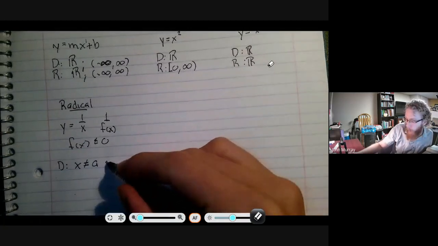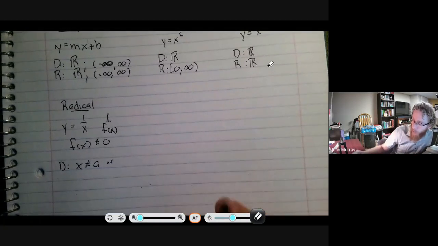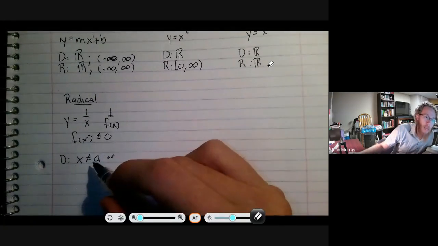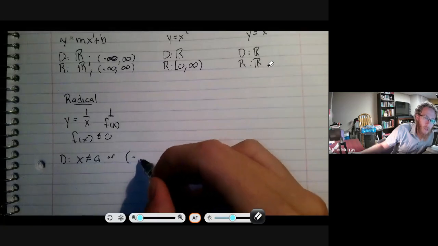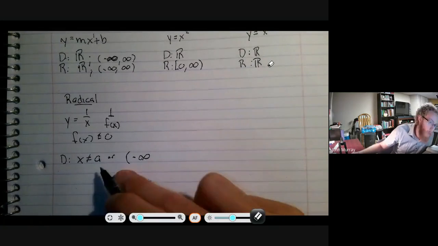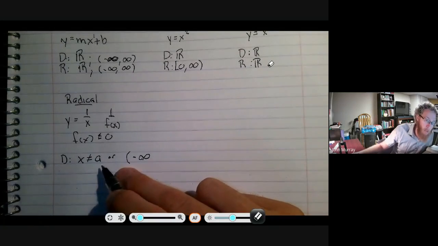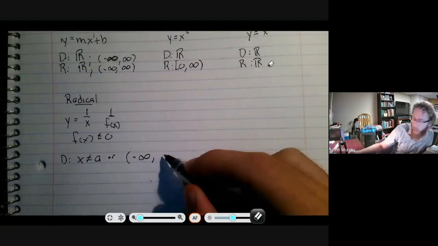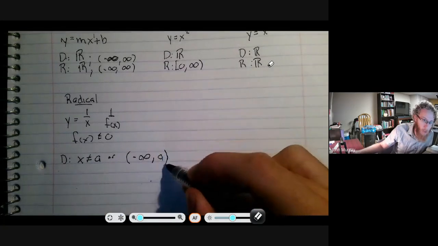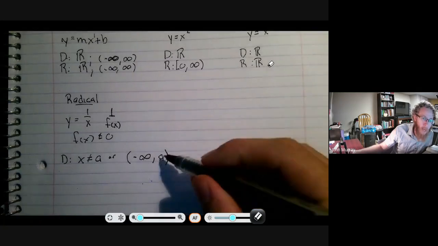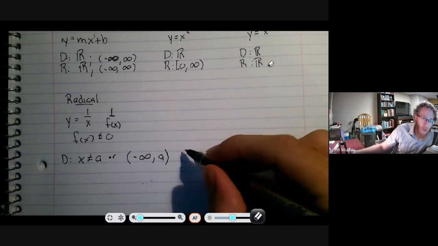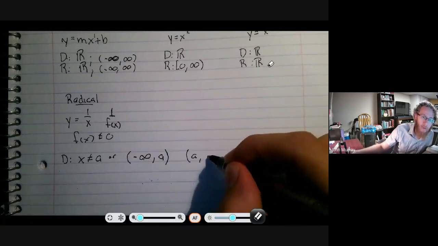Or if I want to show it in interval notation, I can choose any number but that a. So what I do is I start at negative infinity, but I can't go all the way to positive infinity because there's this one number that stops. So I stop at a, and since it can't equal a, it's going to be an open bracket. But that's not it. I also have all the positive numbers after a.